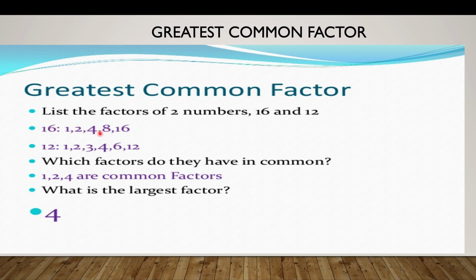But if we use 4, we're going to have 4 here and 3 here, so we don't have any numbers left to divide down. Which factors do they have in common? They have 1, 2, and 4 as common factors. The largest factor is the one we want, right?